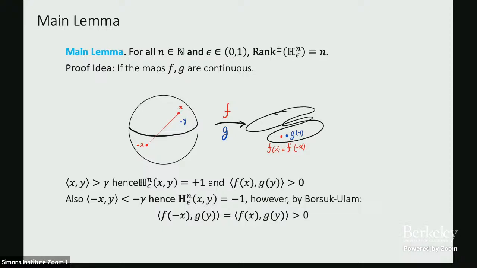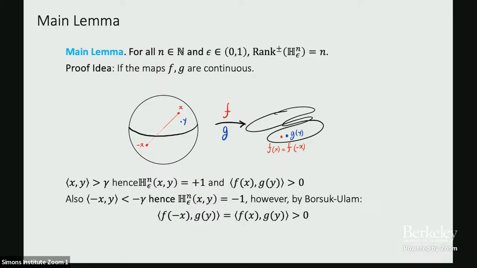Although I should have chosen this to be negative, because the corresponding thing is negative. Oh, sorry, this should be a minus x here. But then this just means you're violating the sign pattern between minus x and y, right? So this works in the case that the maps are continuous.